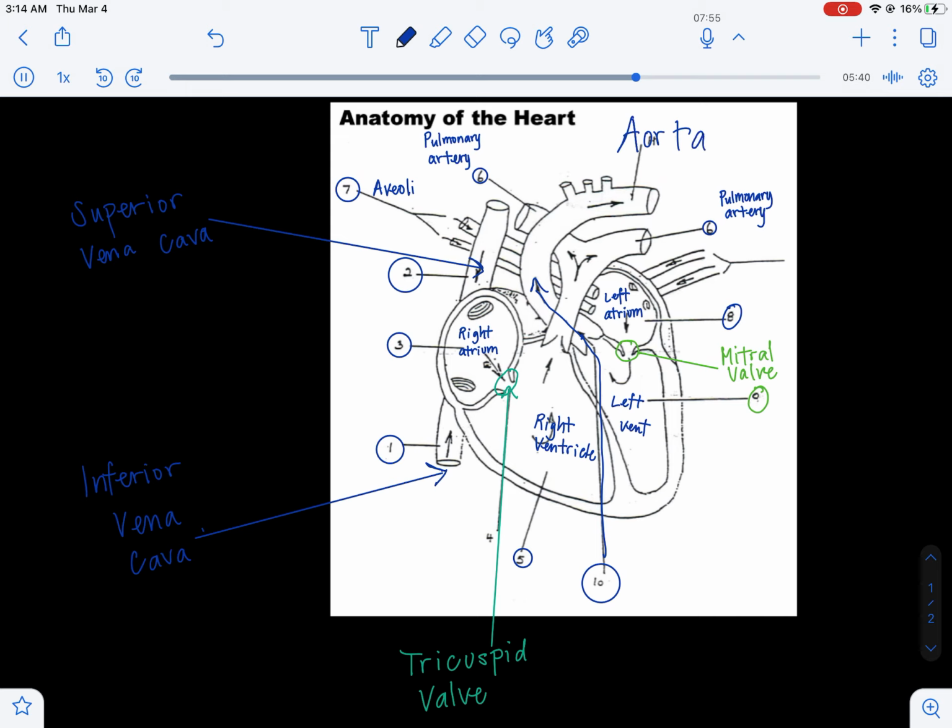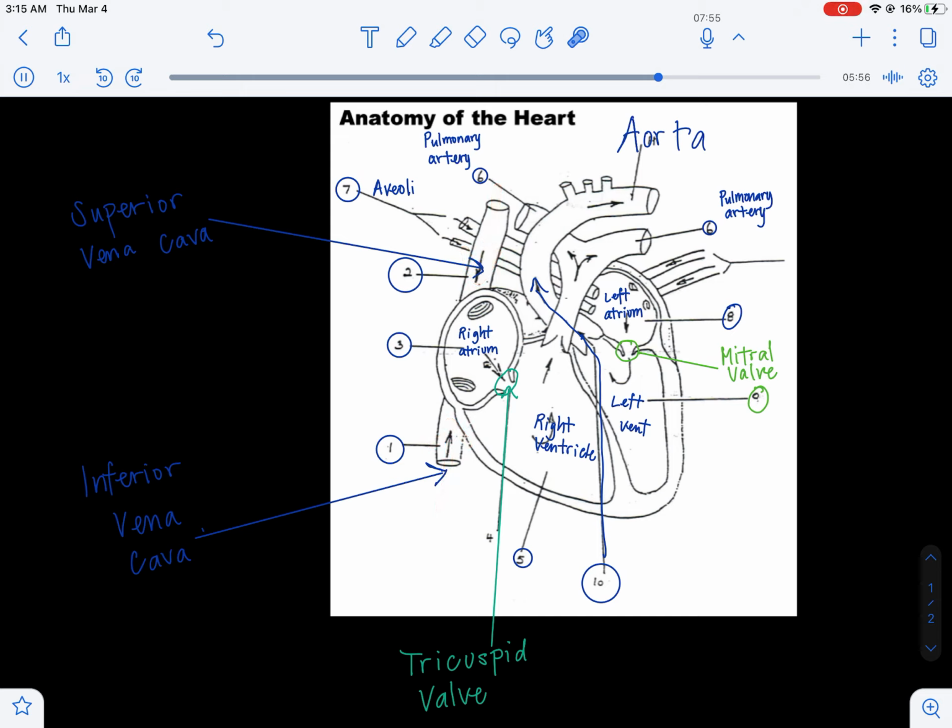Okay, so the first thing that happens is we have deoxygenated blood traveling to the inferior vena cava and to the superior vena cava at the same time.